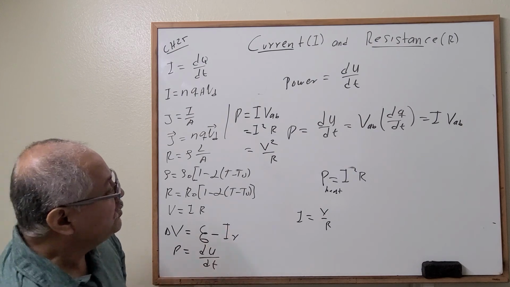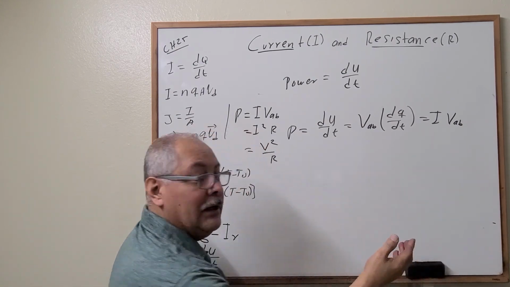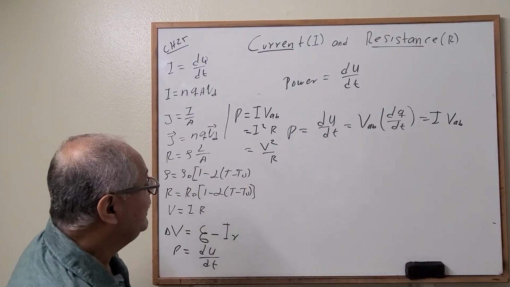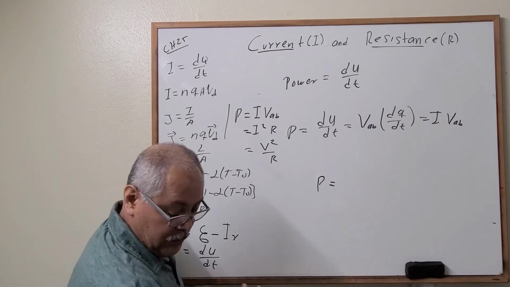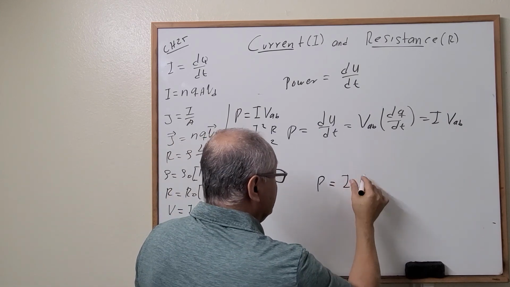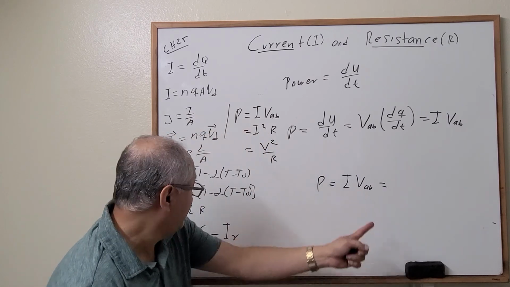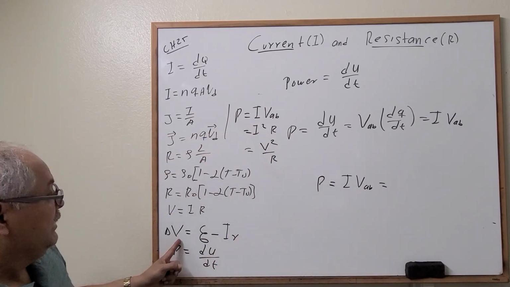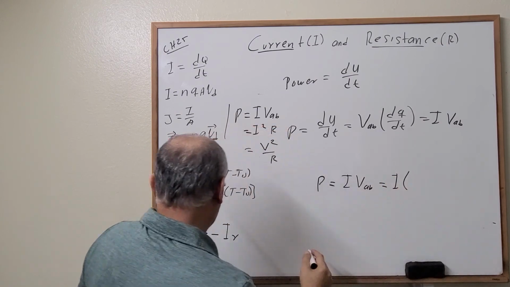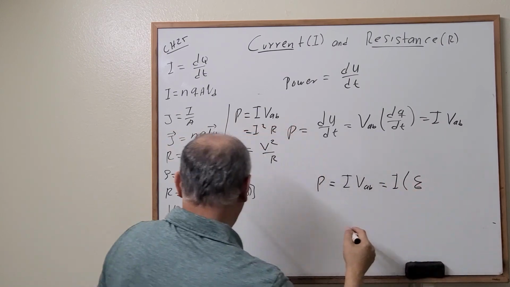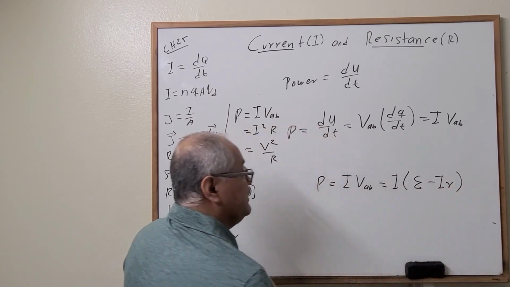And now we can apply this also to the battery, because this chapter is dealing with batteries, electromotive force, and so on. So we can find that the power is equal to this current times this voltage. We define from here that it is equal to current times the electromotive force minus current times the internal resistance.